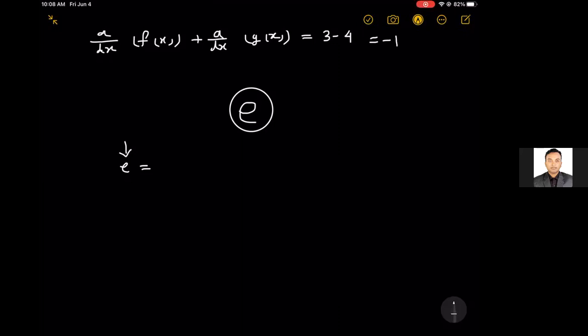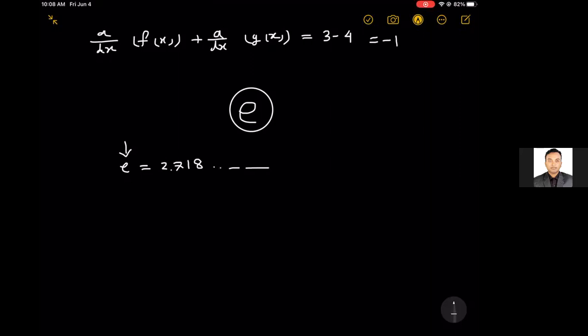It's a constant, and the value is 2.718. I just take up to 3 decimals. You can actually keep going on, so it has a fixed value.